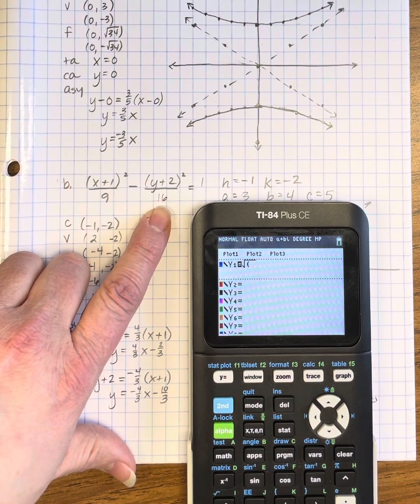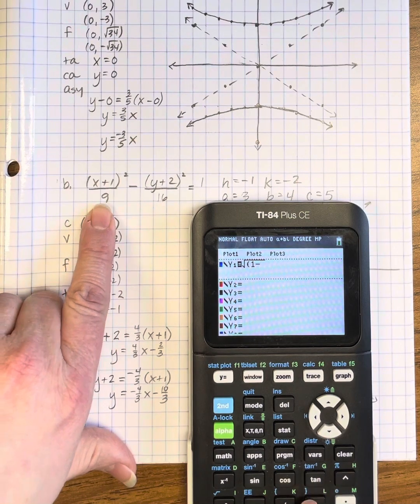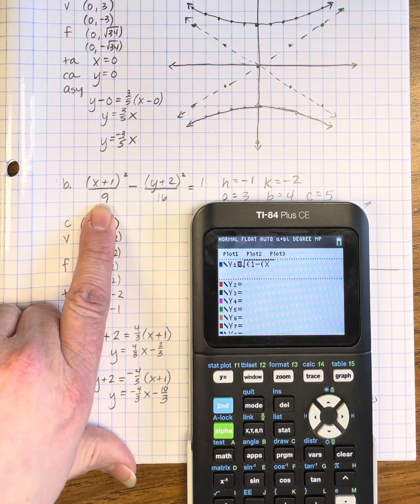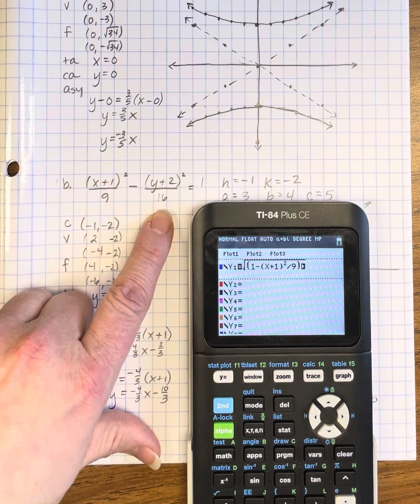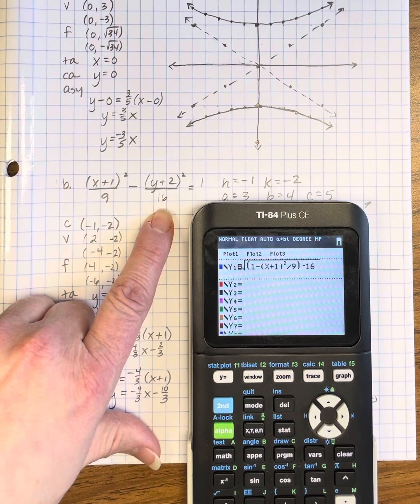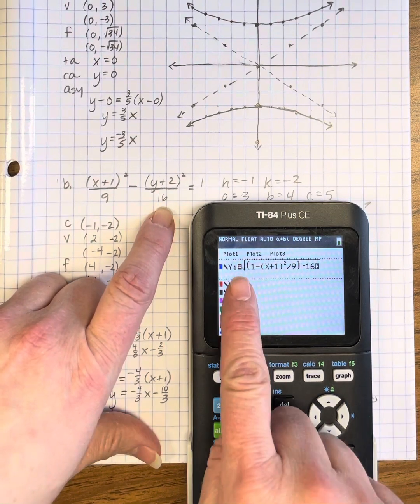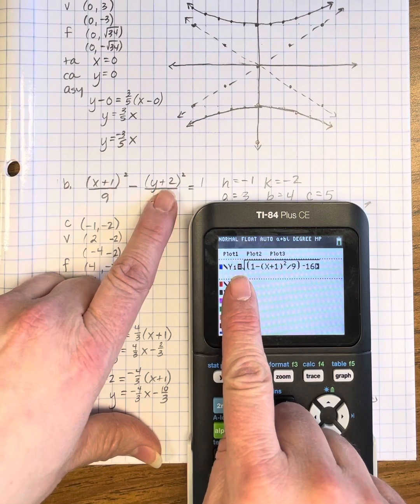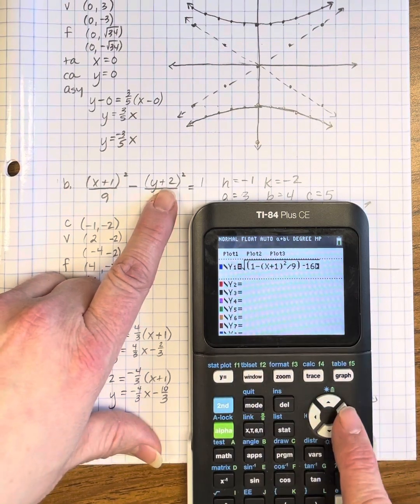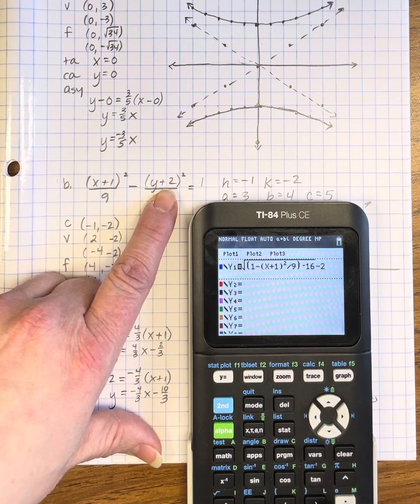So I'm going to have 1 minus (x plus 1) squared divided by 9, and then I'd multiply by a negative 16, and then I've got my square root already on there. I have to subtract that 2, so that's on the outside of this.